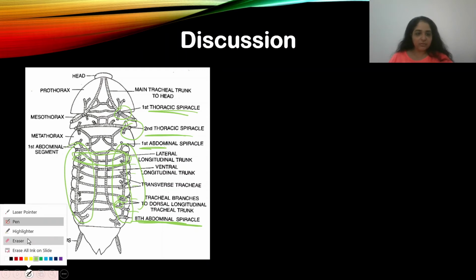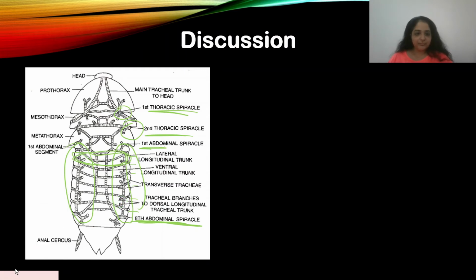It is a different color. Right, so from the longitudinal tracheal trunks to the transverse tracheal trunks, and then to the tracheal branches, that supply the dorsal, the ventral, the alimentary canal, and so on.